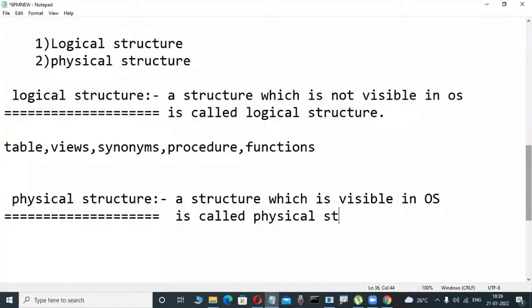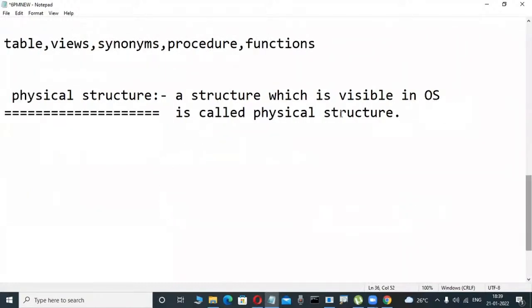Who are the persons working in this physical structure? It's a big concept. I'm telling the definition side only, because I will tell you which definitions are correct. A structure which is visible in the operating system is called a physical structure.